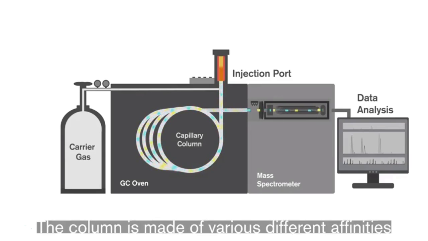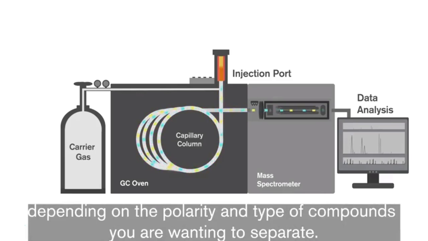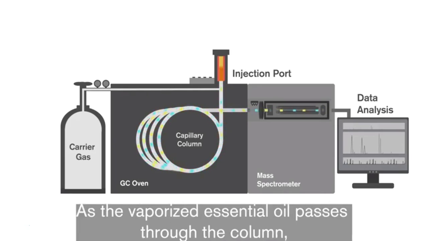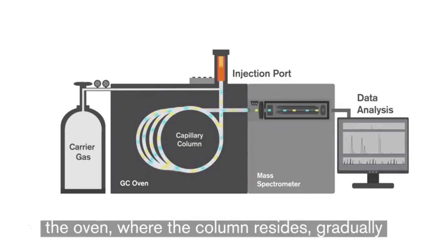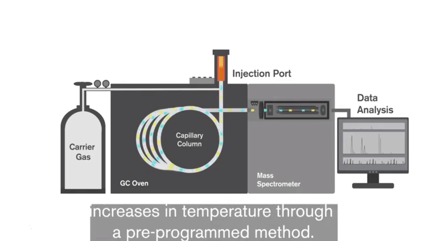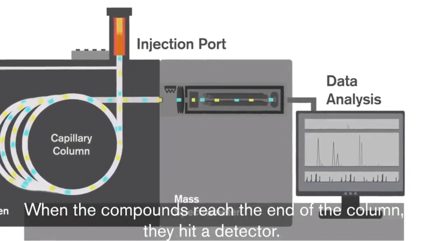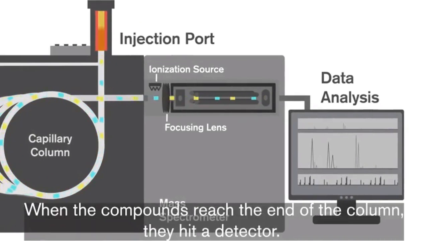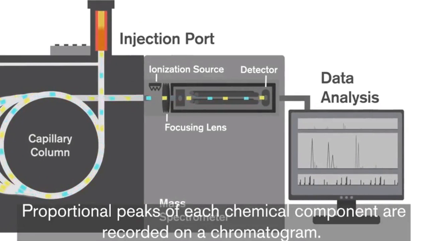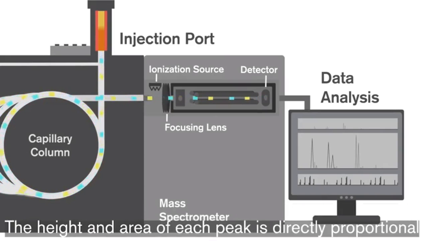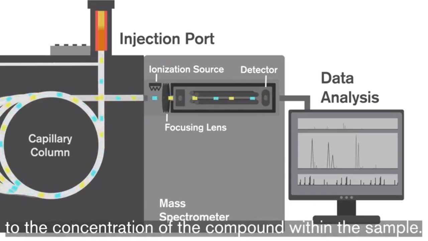The column is made of various different affinities depending on the polarity and type of compounds you are wanting to separate. As the vaporized essential oil passes through the column, the oven where the column resides gradually increases in temperature through a pre-programmed method. When the compounds reach the end of the column, they hit a detector. Proportional peaks of each chemical component are recorded on a chromatogram. The height and area of each peak is directly proportional to the concentration of the compound within the sample.